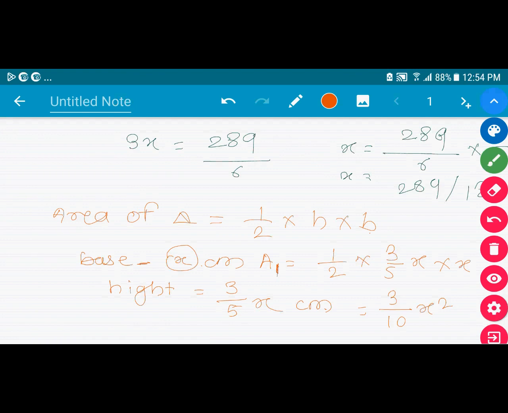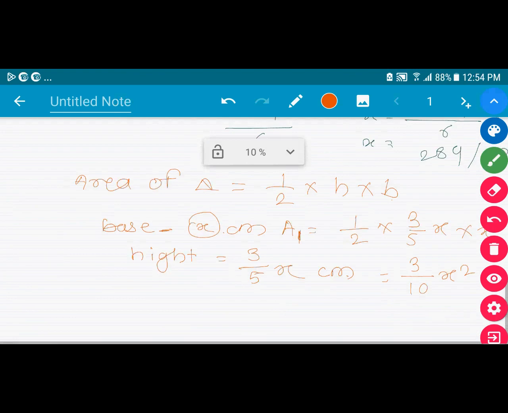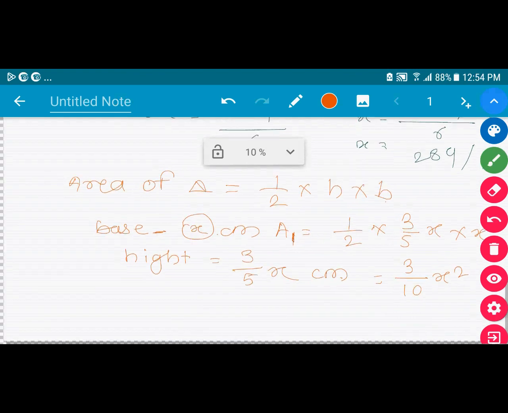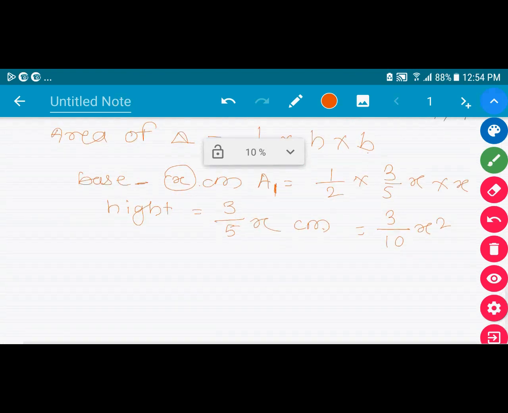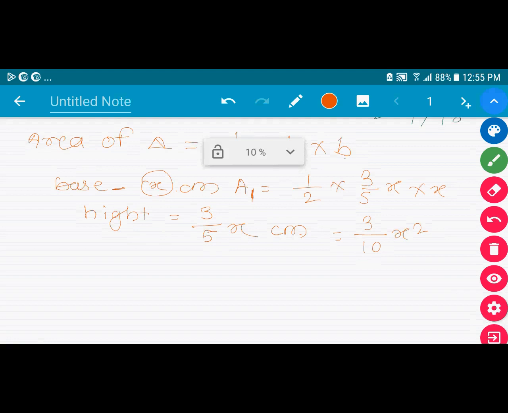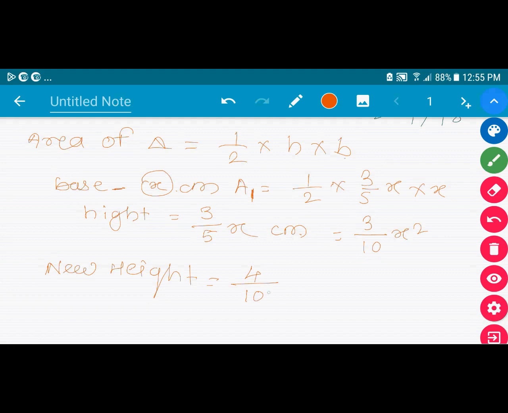Okay. Now what is given? That the height is increased by 4%, and at the same time, when we increase the height by 4%, the base is decreased by 2%. So the new height will be, 4% we have to increase, so 4/100 multiplied by 3/5x plus 3/5x.